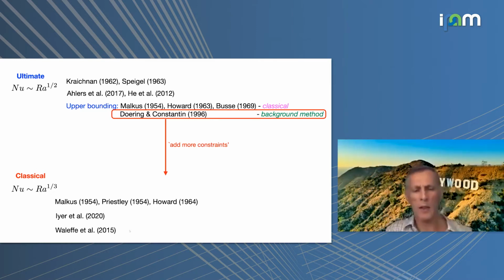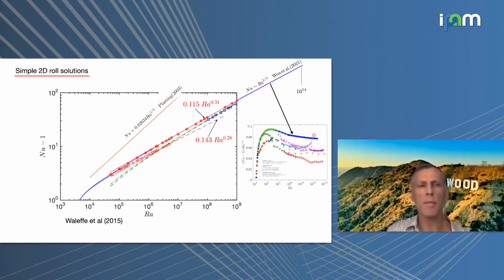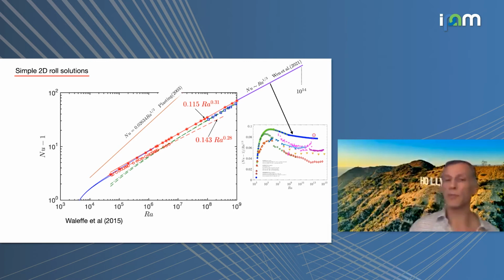We've already heard about these calculations, and these are simple, well, I say simple, clever numerical computations where the 2D roll solutions, which bifurcate off in the classic way at 1708, are continued up to very large Rayleigh number, and with a view to actually looking at the Nusselt number associated with those rolls.